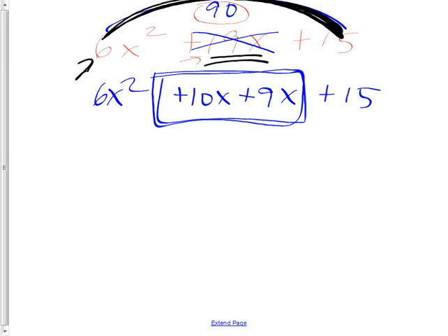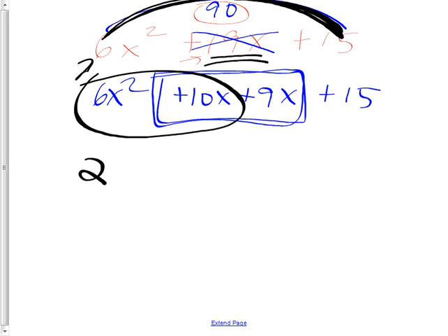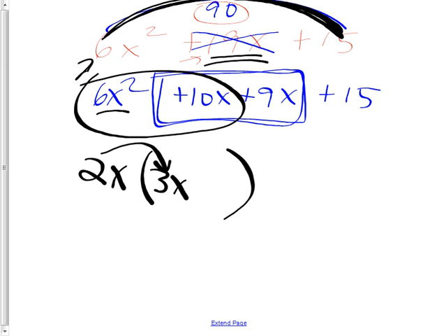Okay. So now I've got this set up. That part right there at the front, what comes out of both of those? 2 does. 2x does. And what's left? 3x, because this times this makes that, okay? 3x plus 5.